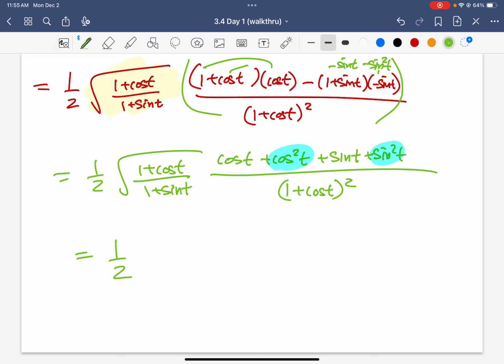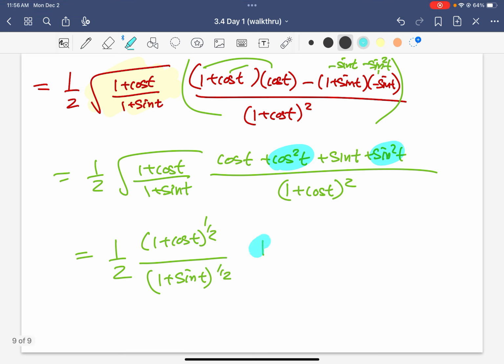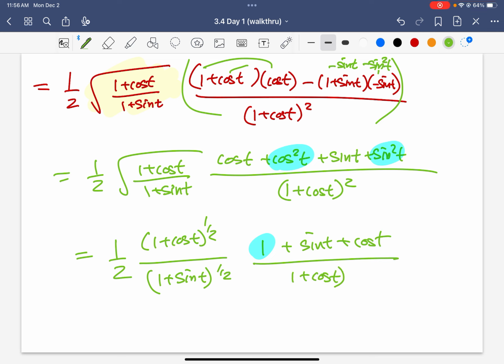So you have 1/2. And I'm going to break this up into (1 + cosine)^(1/2) over (1 + sine)^(1/2). And this is going to be 1, because that's what all that blue stuff is equal to up top, sine plus cosine, over (1 + cosine t) to the second. So then if I look at my exponents and I take 2, but I subtract 1/2 from it, that's going to be 3/2.